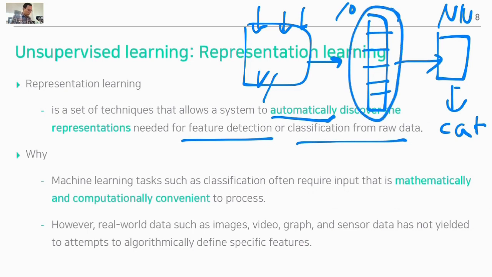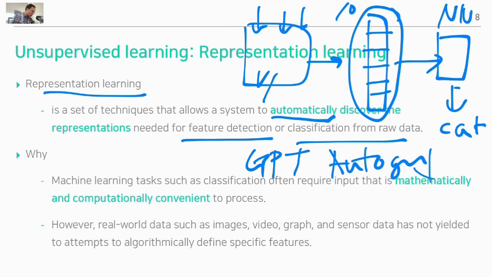This is a really popular technique right now. Particularly, the success of deep neural networks is actually from representation learning. You have heard about GPT, right? Or autoencoders, right? They all get the low-dimensional representation. It is to understand the relationships in the data.